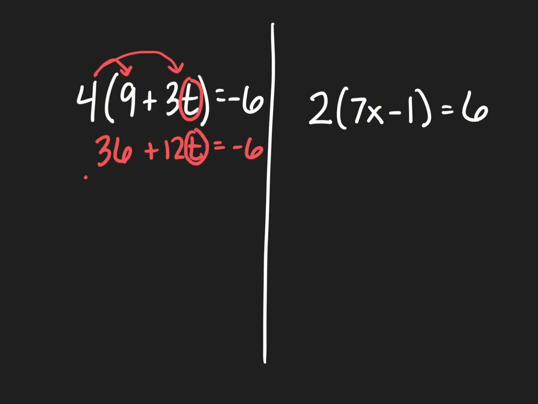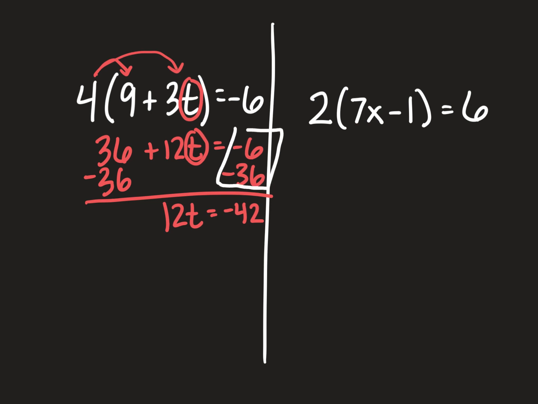So the first thing we're going to do is subtract the constant 36, subtract 36, and we're left with 12t is equal to -42. Again, make sure that when you're dealing with negatives, you understand that -6 take away 36 is not -30, but -42.